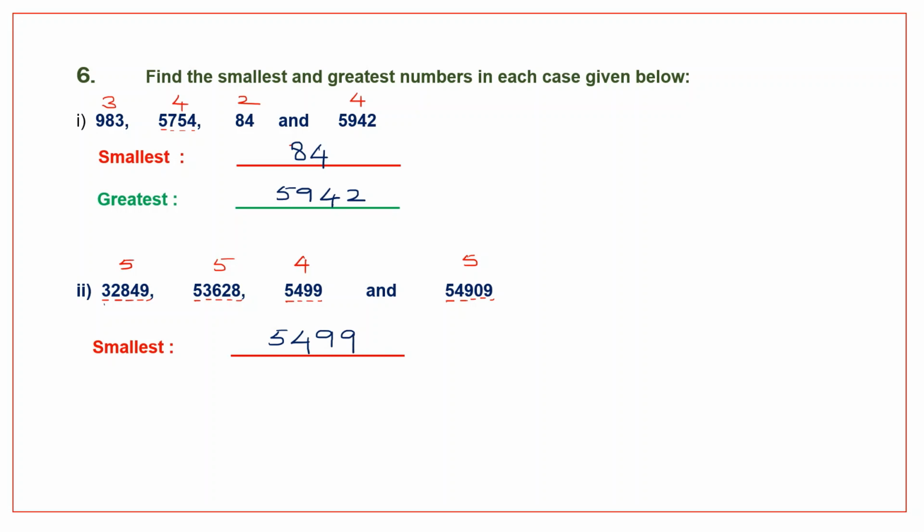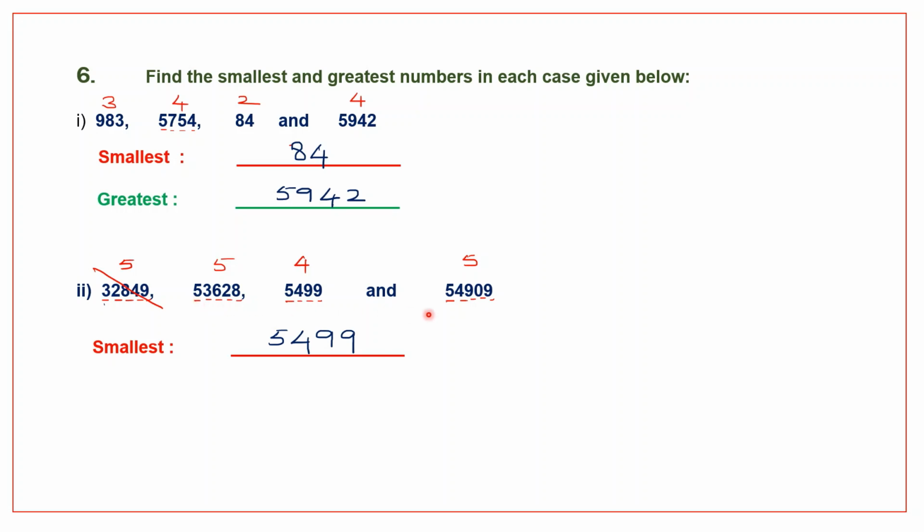Now let's look for the largest number. So the number with the maximum number of digits. But here there are 3 numbers with 5 digits each. So we said when the number of digits is the same, look at the digit in the extreme left. So here we have 5. Now this number also has 5. This number has 3. So we can leave out 3. Okay, so we don't have to look at this number. Let's look at the other 2 numbers which have 5 each.